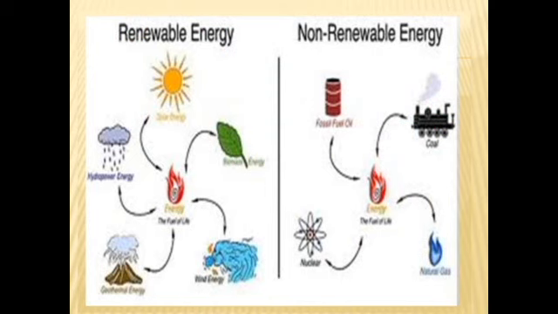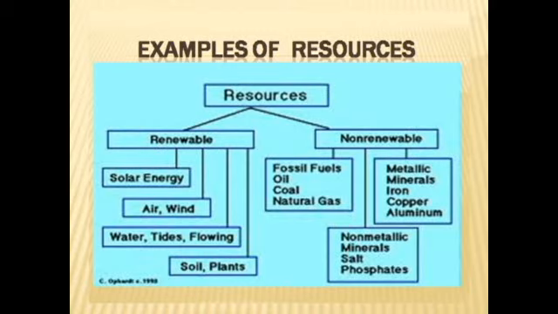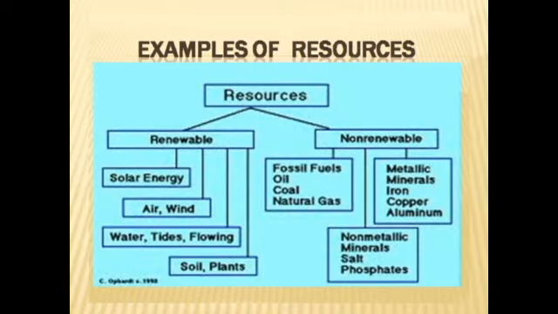Okay? Now, another way we show examples of the different resources is in this flow chart. We have resources, and again we break them up into two different categories, renewable and non-renewable. If we go down the renewable section, one example is solar energy. The other one is air or wind, followed by water, the tides, the flowing that creates energy.